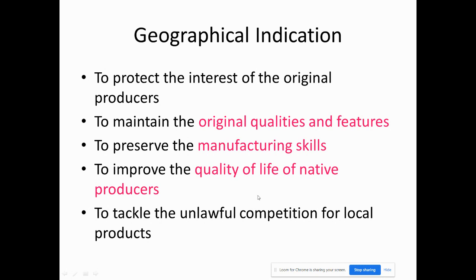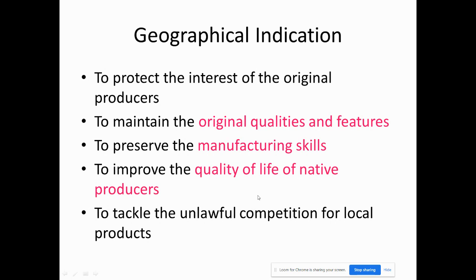Otherwise, what happens? If somebody starts preparing Kanjivaram sari in New Delhi or starts weaving in Ahmedabad, the originality, the features and all that, everything will be there even in the Ahmedabad sari or Delhi sari. But the efforts and the kind of investment done by the native people will be undermined.